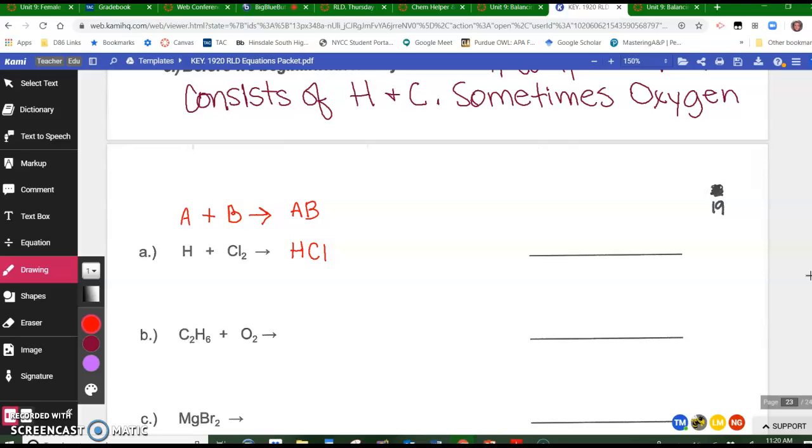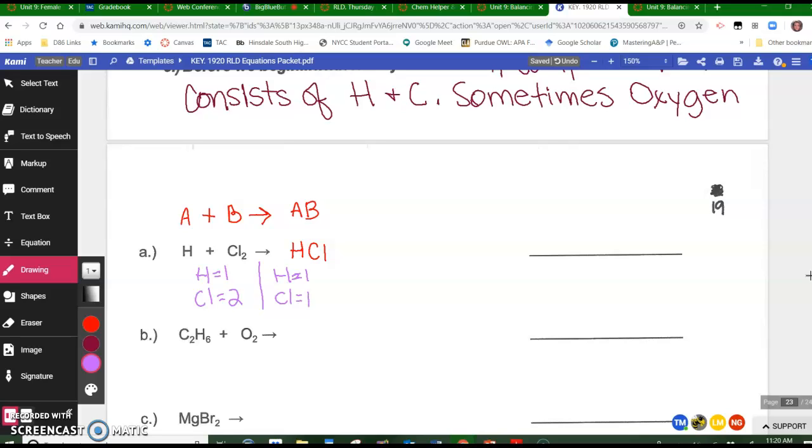Now I have to balance my equation. So I'm going to draw my line underneath my arrow. On my reactant side, I have 1 hydrogen and I have 2 chlorines. And on my product side, I have 1 hydrogen and I have 1 chlorine. And that's an equal sign, not a 2.